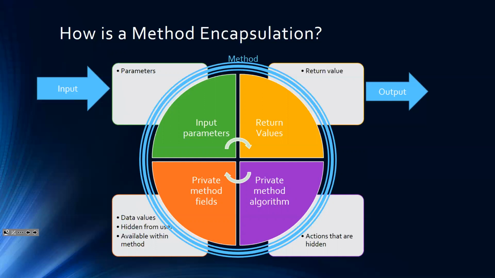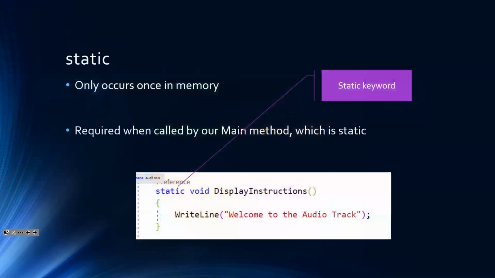Otherwise, everything's hidden, encapsulated within our method. So the input, the output, and then our private data fields that we might create, private methods, all of those things are hidden or encapsulated. So we don't have to worry about what's going on. We can just use those methods.